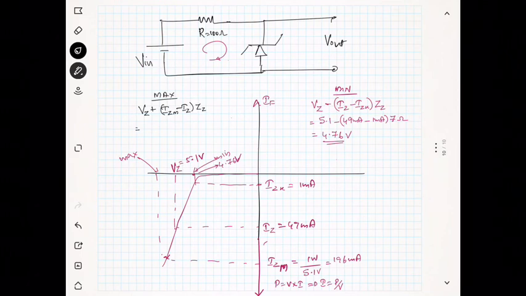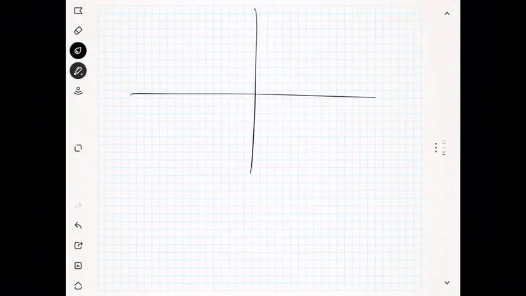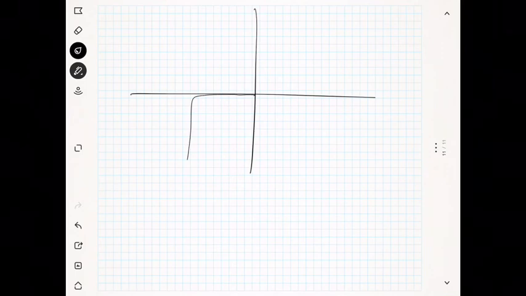Vz is equal to 5.1 plus (196 milliampere minus 49 milliampere) into 7 ohms. This is nothing but 6.13 volt. So I will redraw it. You can say that this is the Zener characteristics.